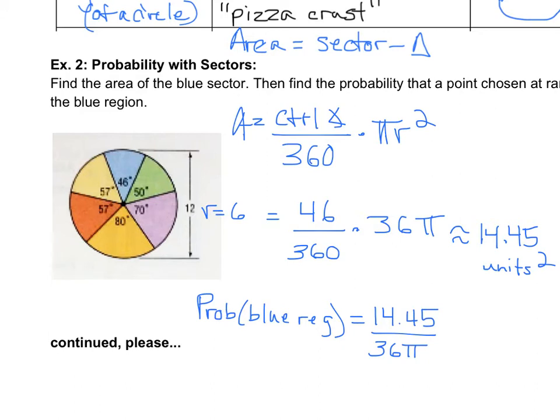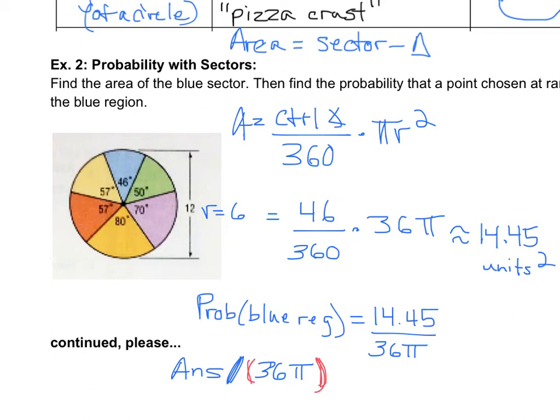Also, please make sure that as you're doing this, if you hit the divide sign on your calculator after you get your 14.45, you're going to get "answer divided by." Please make sure that you put parentheses around what you're dividing by as far as the 36 pi goes. If you do not do that, you are going to get the wrong value for the probability, so make sure those parentheses are there, okay?